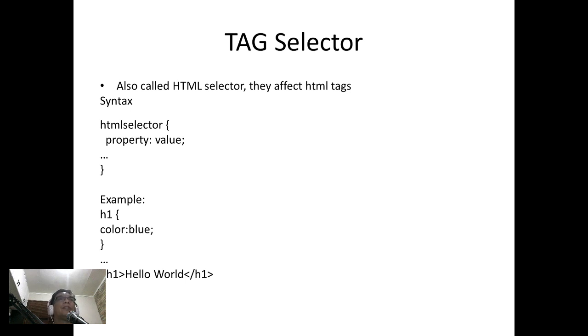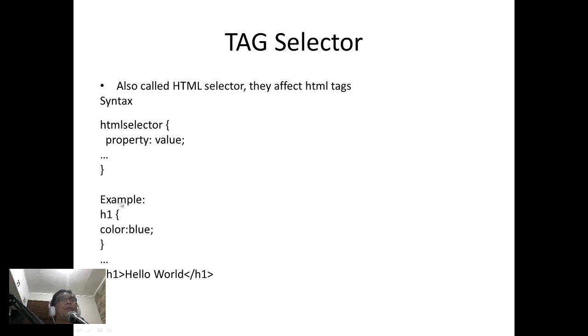So the syntax is we have the HTML selector, then the open curly brace, and then we have the property, colon, followed by the value, and then our semicolon. So we can have many of these in one selector.